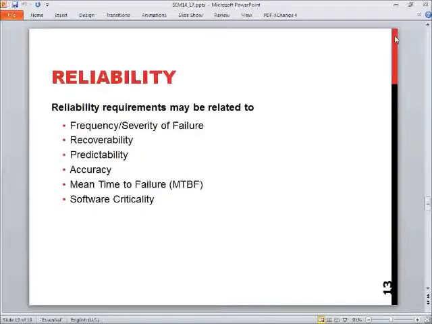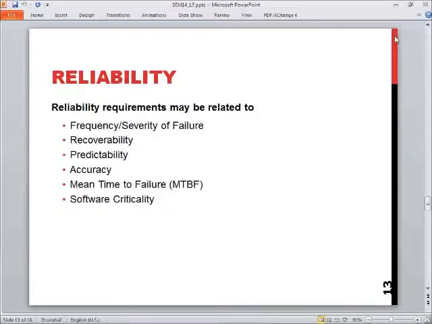The reliability is about recoverability and frequency of failure, meaning how often does the system fail, and software criticality: how bad is the situation when the system fails, does it cost lives, does it cause injuries, does it cost money, and how much money will it cost.